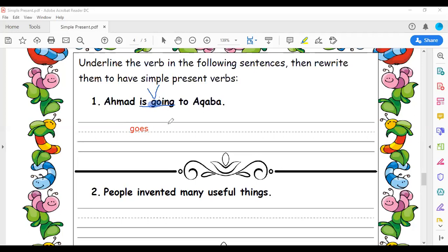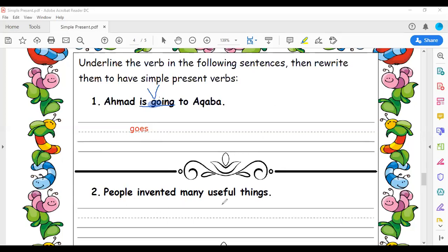So I change go according to the subject. Ahmed is singular, so I add es to the verb. Okay? Done.